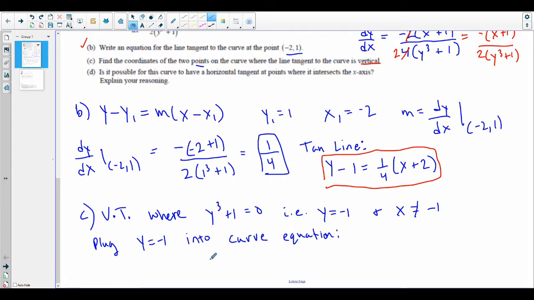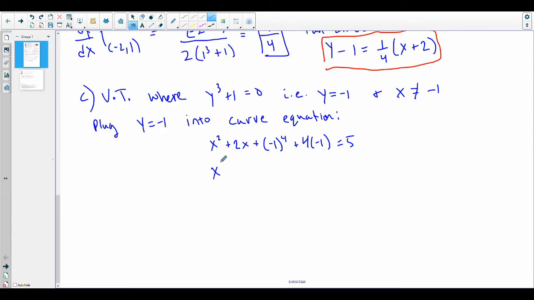We have x squared plus 2x plus y to the 4th, so plus negative 1 to the 4th, plus 4y, or 4 times negative 1, and that's all equal to 5. Quick little math here: we get 1 minus 4 equals 5. Add 4.